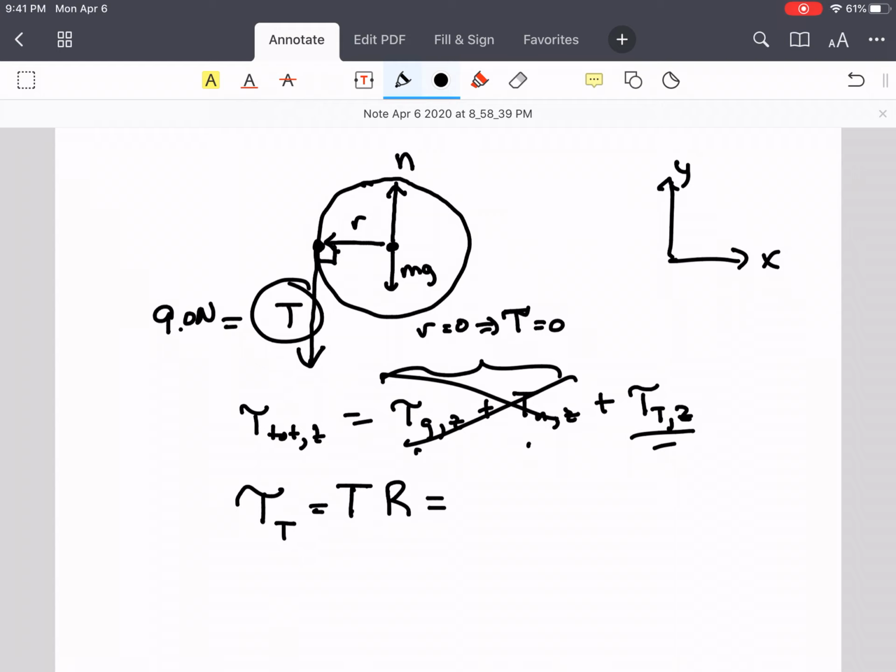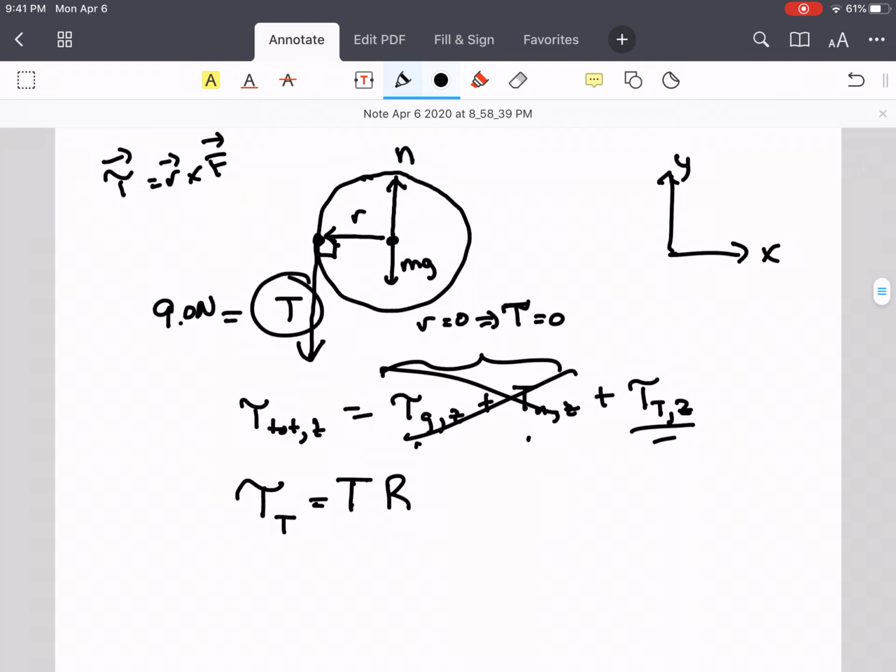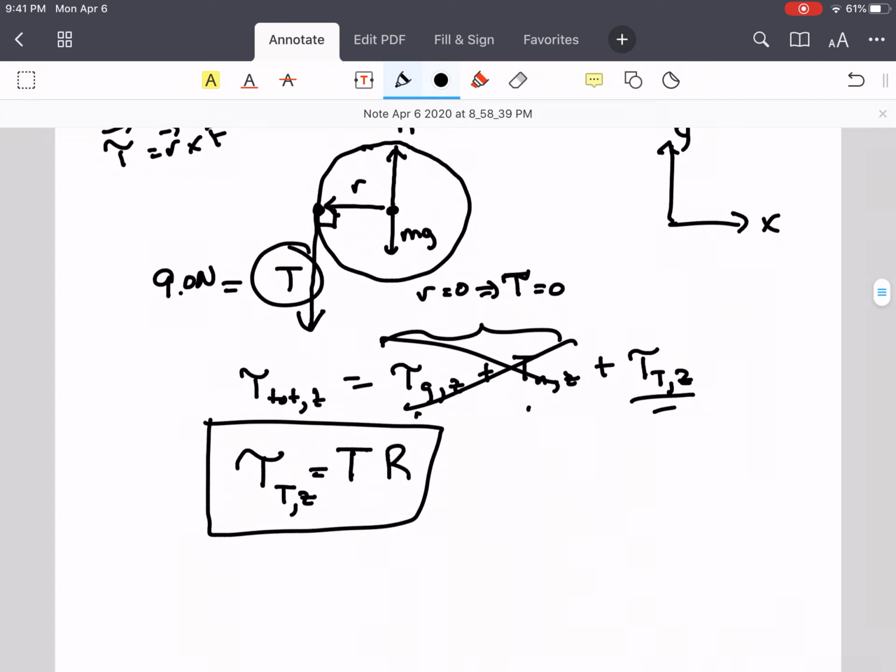So torque is tension times R. And quickly, which direction is it going? The direction of the torque is R cross F. So we point our fingers in the direction of R, curl them in the direction of the tension, and we should get that the torque is out of the board, so plus Z. So the total torque in the Z direction is just tension times R, which we know.